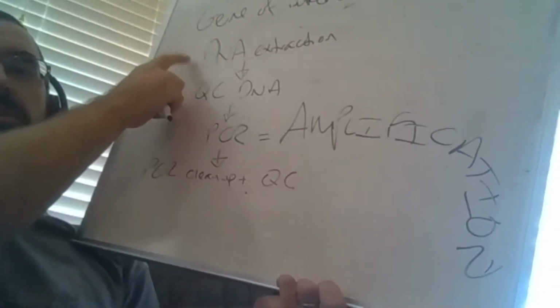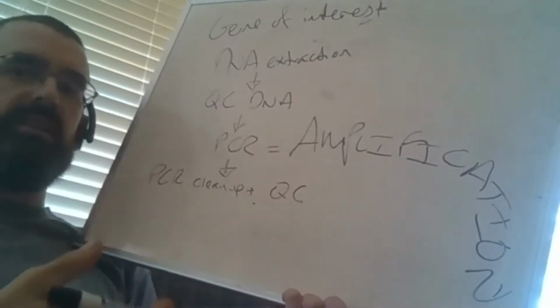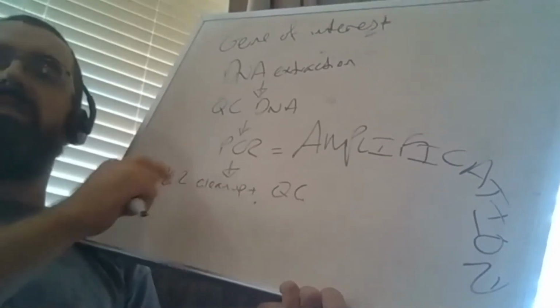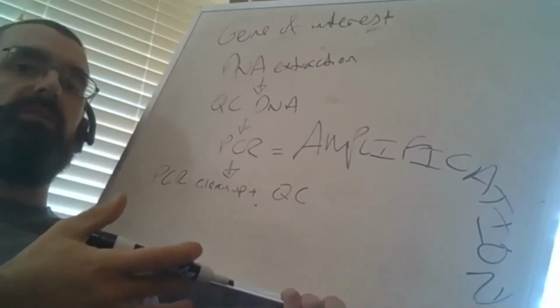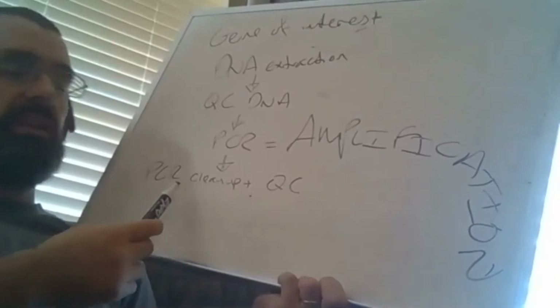Similar processes to what you're doing up here, but simplified because you don't have to worry about cells, because you don't have any cells here. It's just enzymes and salts and things. You've got to get rid of those so that they don't interfere with whatever subsequent step you're doing. So that's the cleanup part.